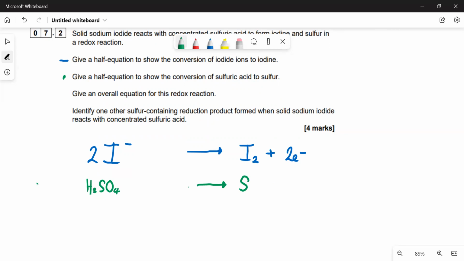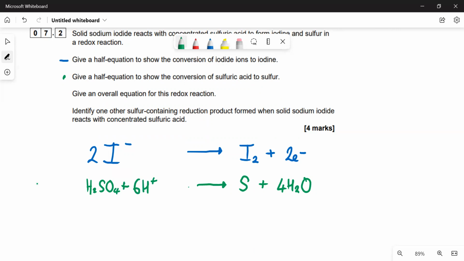So we need to balance it with water. So we want 4 H2O on the right-hand side. Now we need to balance for hydrogens. We've got 8 hydrogens on the right and 2 on the left, sorry. So we need 6 H+.